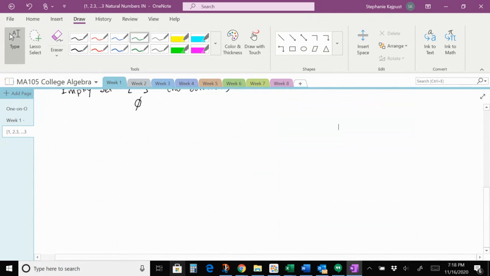Let me open the textbook so I can go to our linear inequalities and talk about sets, union, intersection, all that kind of stuff, because that's really important. When we talk about solving linear inequalities, unions and intersections are really important. I think it's week 3 where we start talking about absolute value inequalities.